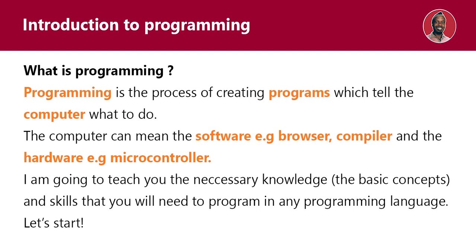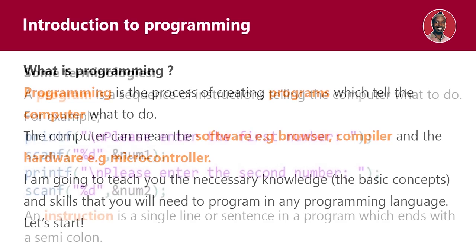So, I'm going to be teaching you the necessary knowledge, the basic concepts, and the skills that you will need to program in any programming language. So let's get started. Not forgetting, I'm going to define what a program is, what software is, browser, and a compiler. All these terminologies will be explained in the later lessons.